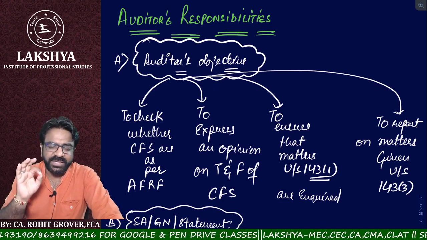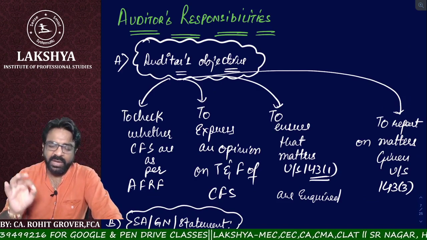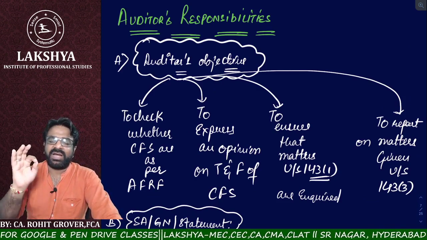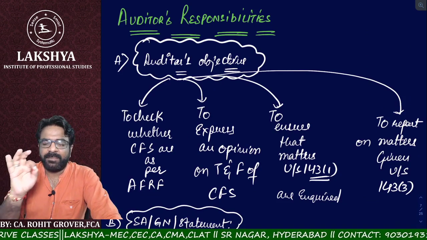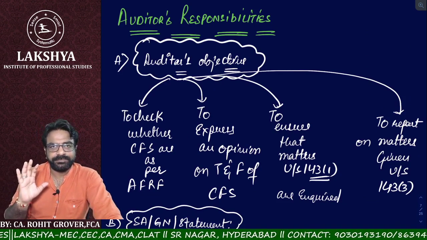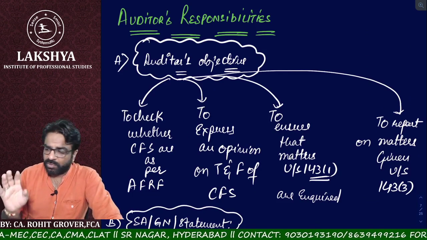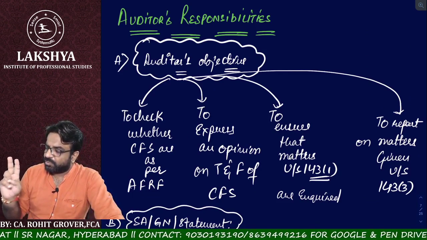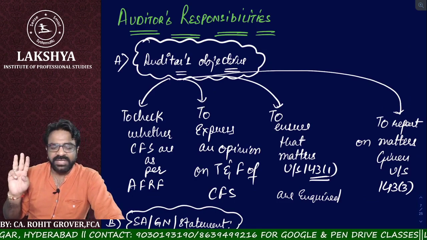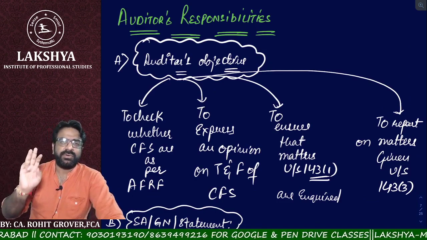So third objective, he has to ensure that all the duty to inquire under section 143 subsection 1 have been inquired or not. Clear, everyone? So out of three objectives, first one AFRF, second one truth and fairness opinion, and the third one section 143 subsection 1 duty to inquire.